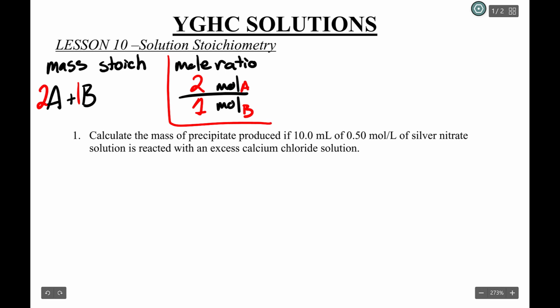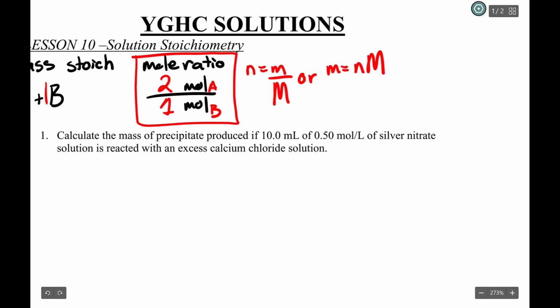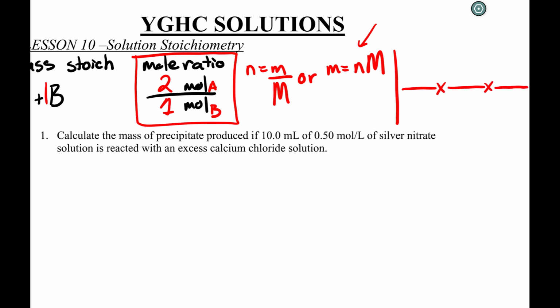So we used mole ratios, which we will still be using today, in combination with this equation: moles is equal to mass over molar mass, or the variation, mass is equal to moles times molar mass. Now, the way I always prefer to do it is not to use equations, but to actually use fractions, which is called unit analysis, where we cancel out units on the top of one fraction with the units on the bottom.